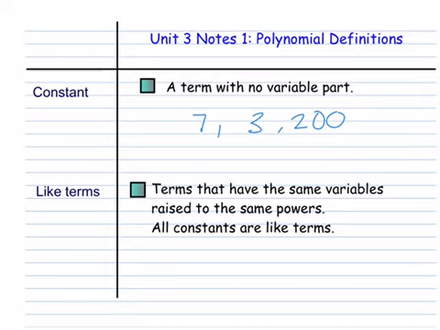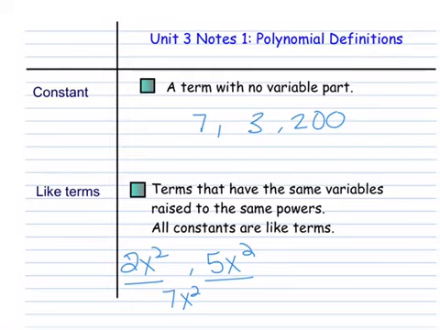So if I had 2x squared and 5x squared, those are like terms, so that if I added them, I could get 7x squared. So be careful with like terms. You don't touch the powers at all. The powers stay the same. It is just adding those coefficients.